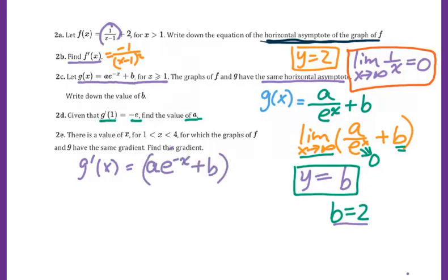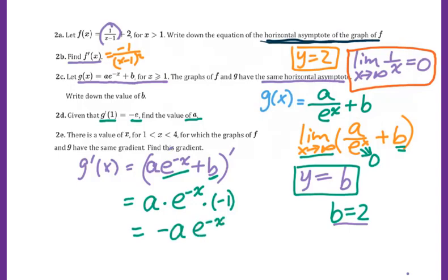We get a times the derivative of e to the negative x power, which is e to the negative x power. Then don't forget the chain rule for this negative x, which will be negative 1. b is a constant number, so its derivative will be 0. So you will get negative a e to the negative x power.